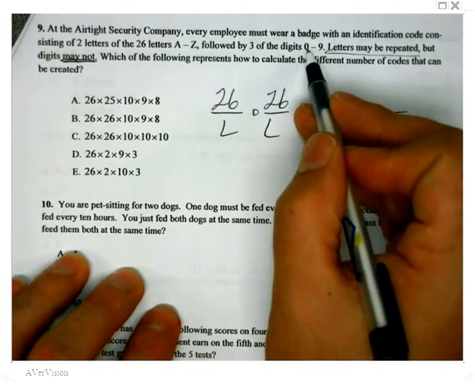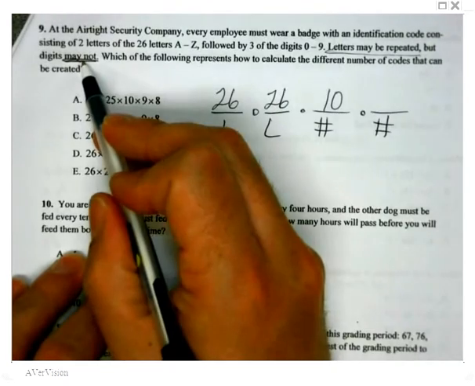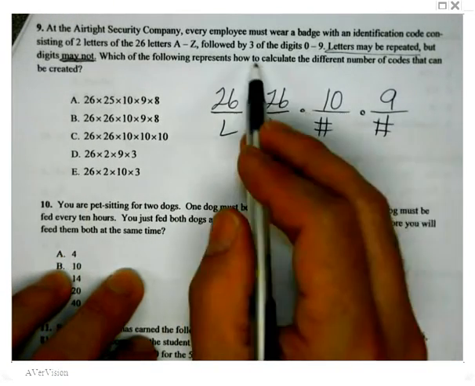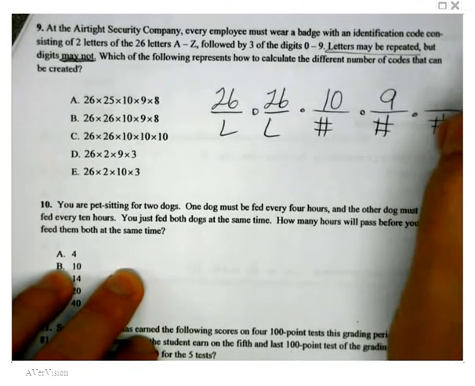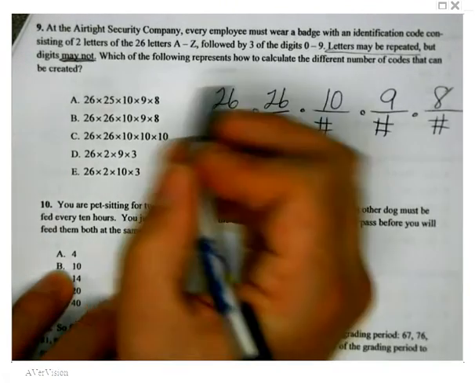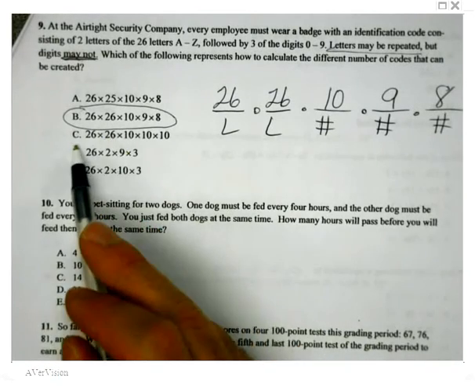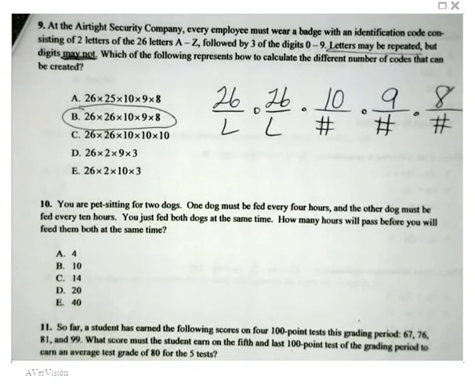So I have 10 choices from 0 to 9, but if I can't repeat my first digit, I only have 9 choices for the next one. Oh, and it's 3 digits. I really got to start reading more carefully. If I can't repeat, now I only have 8 choices. So be careful and read carefully, because a lot of the questions we have would be more similar to answer C, but that restriction is going to mess with us a bit.